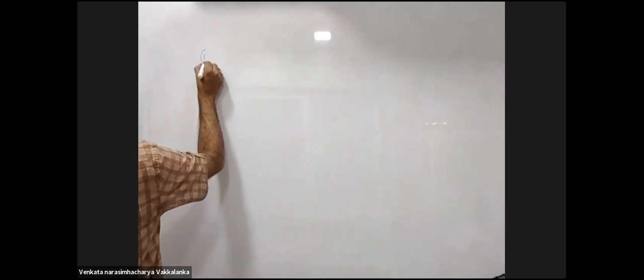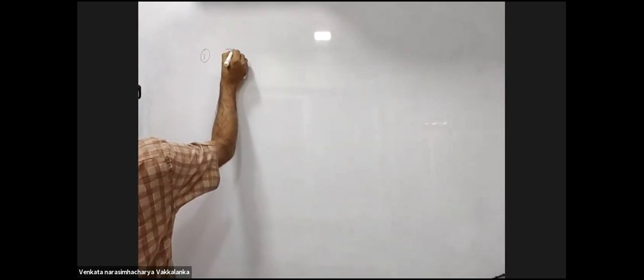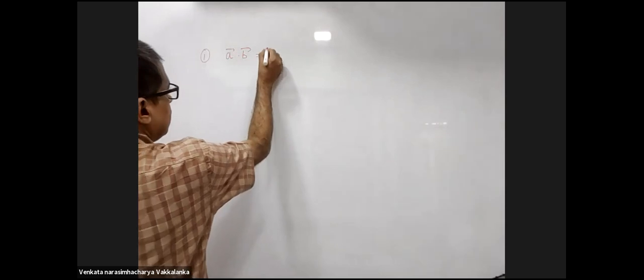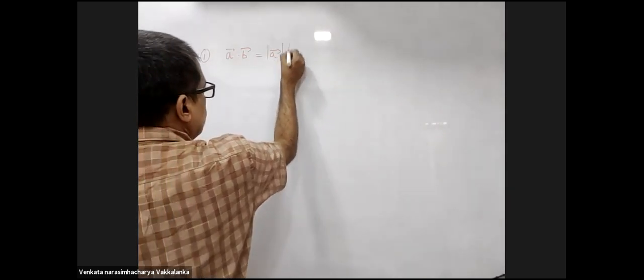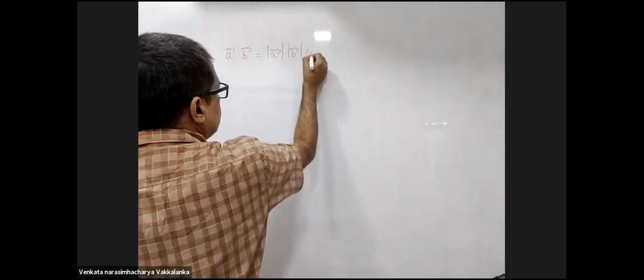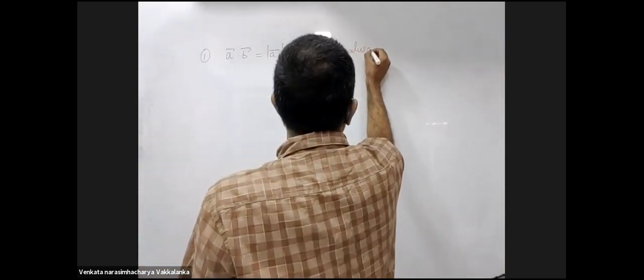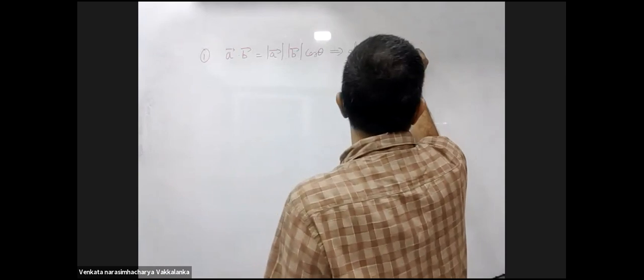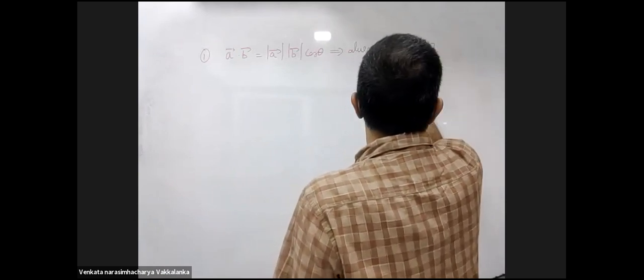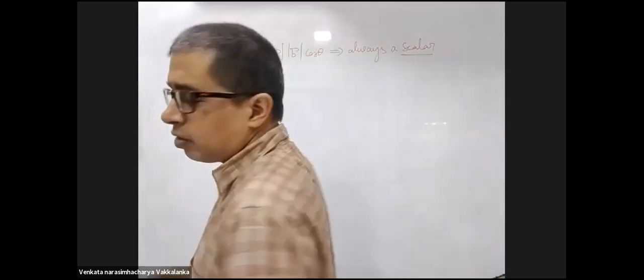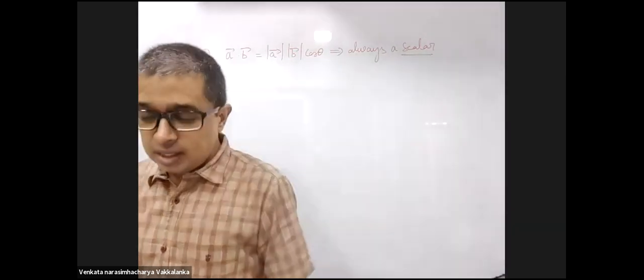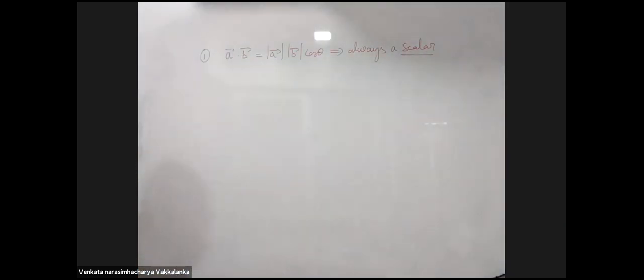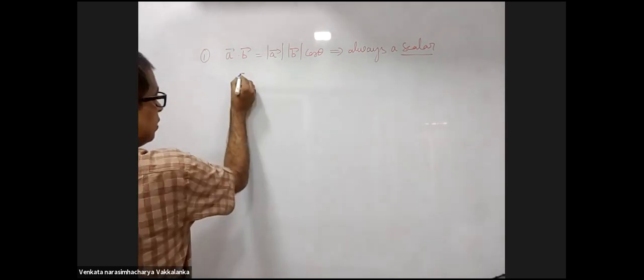Now, first property of a dot product: A dot B is magnitude of A into magnitude of B into cos theta, and it is always a scalar. Dot product of two vectors is a scalar.